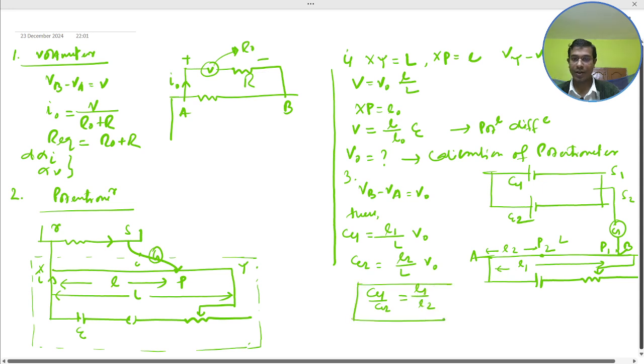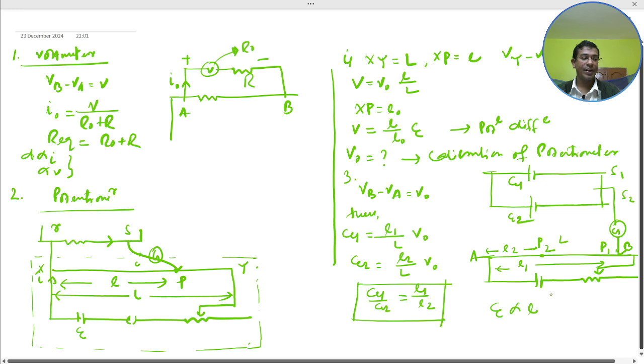This is the final outcome, very important for your NEET exam. Basically the EMF is proportional to the length of the potentiometer wire.